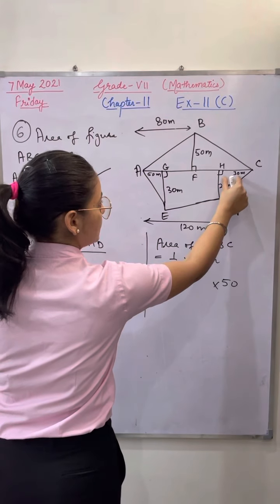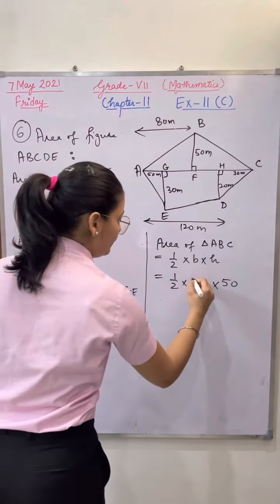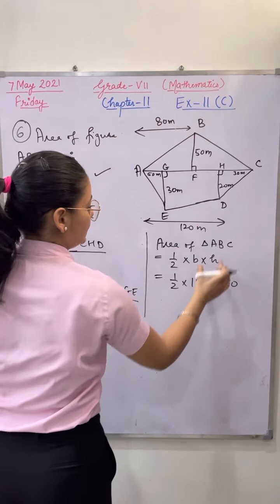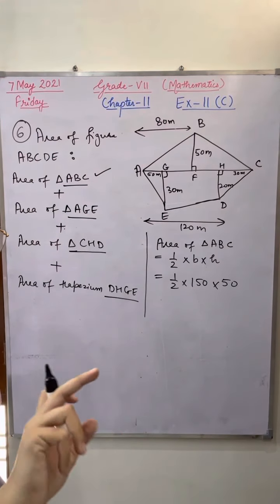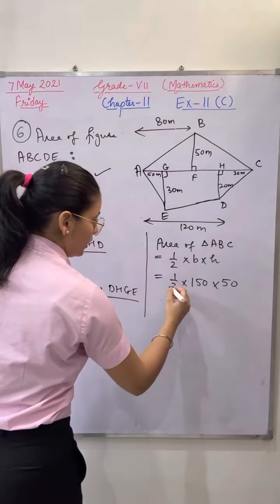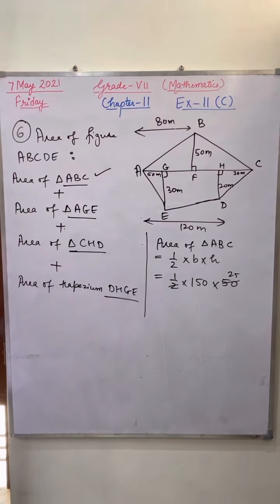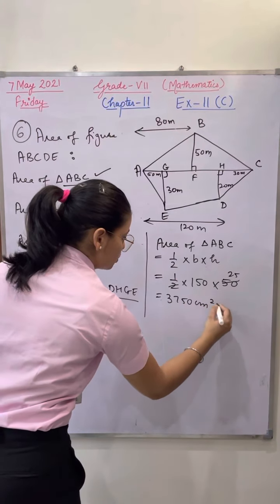You have to add something more to 120. Ma'am, 150. Yes, the complete base is 150. 120 plus 30, that is 150. It's understood by everyone? Okay, Arush, mute yourself. Now you can cancel 2 25. 25 into 150, how much? Yes, 3750 centimeter square.